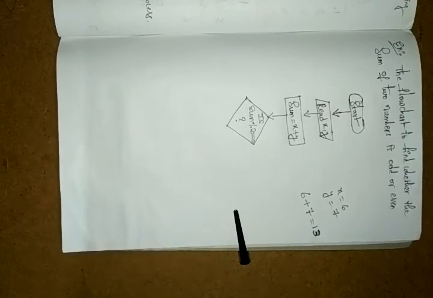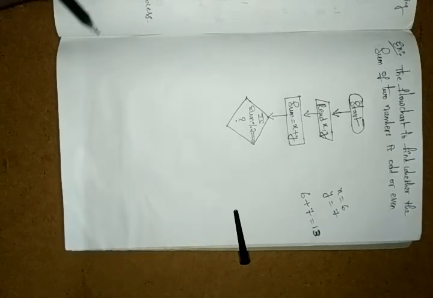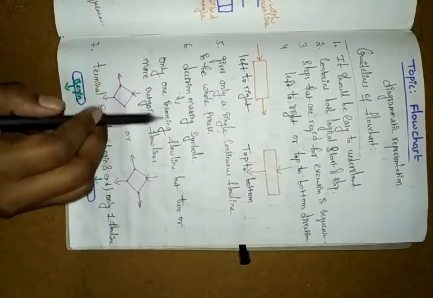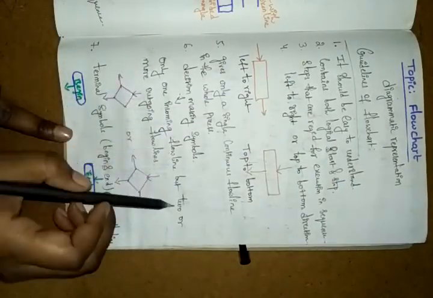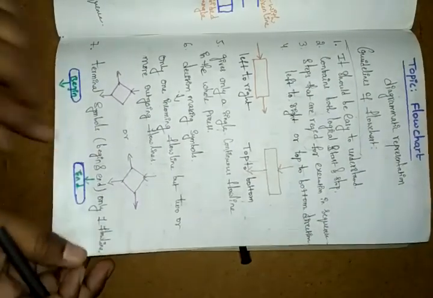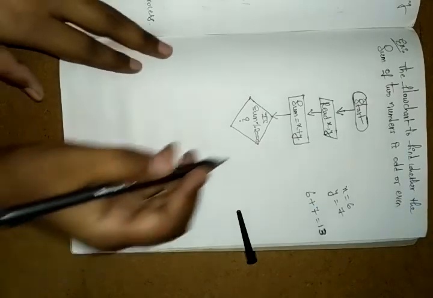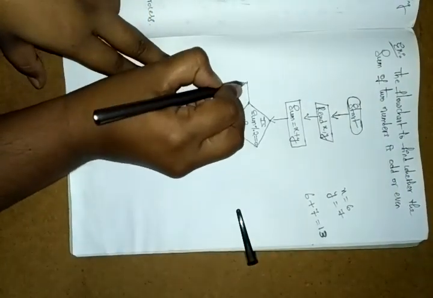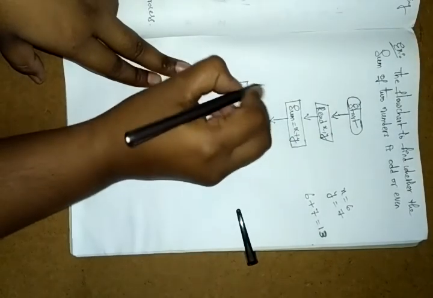Here the decision takes one incoming flow line, but it gives two or more outgoing flow lines, right? So here I am taking two, left and right.